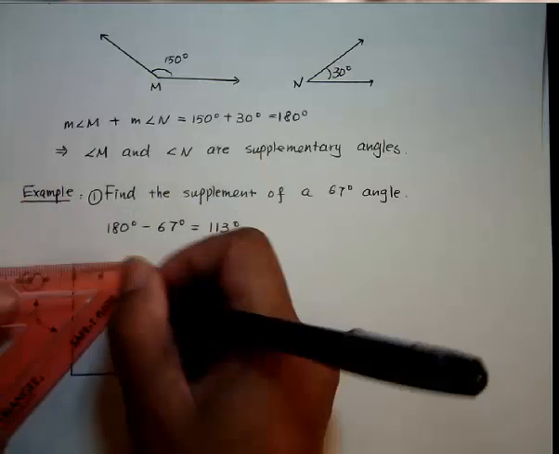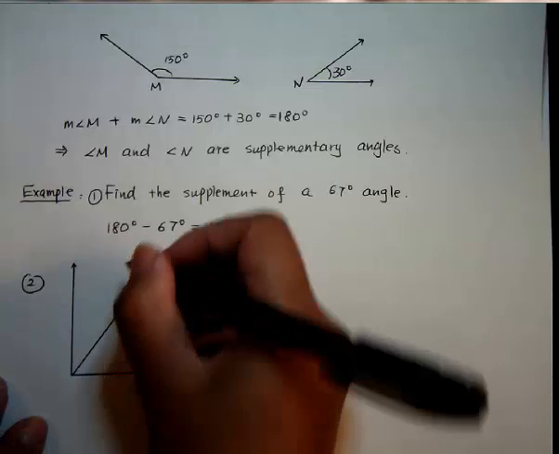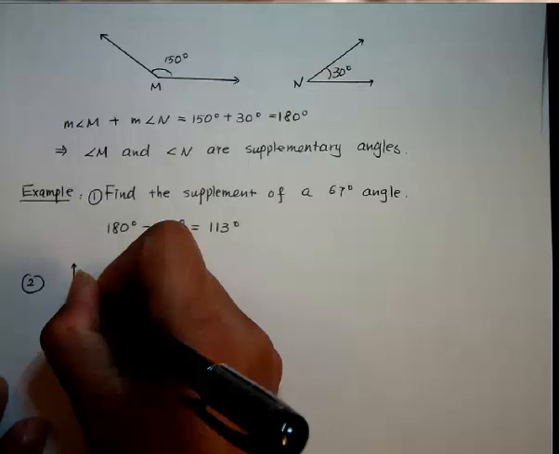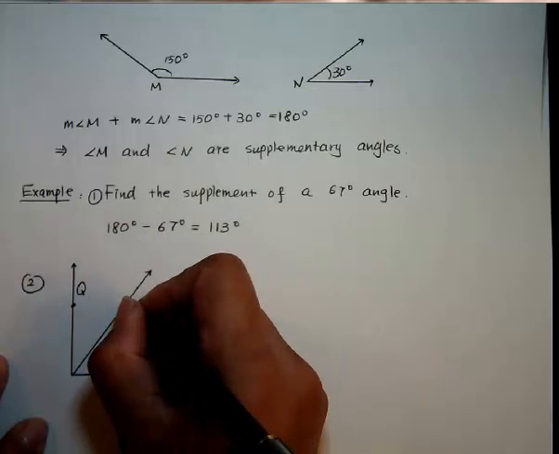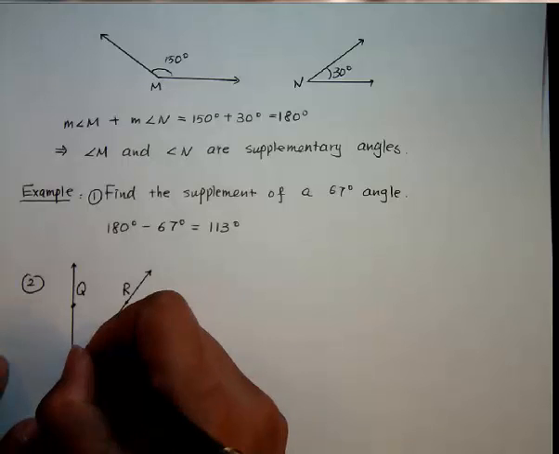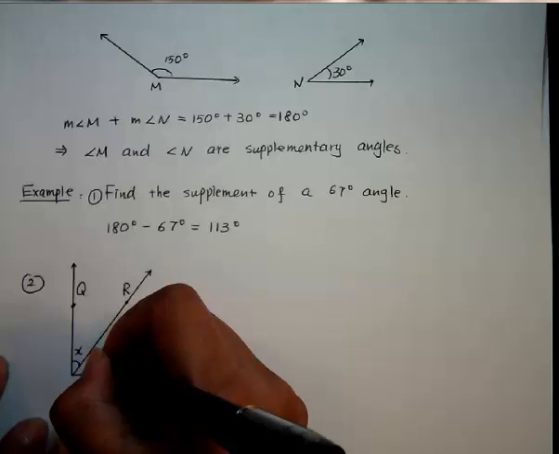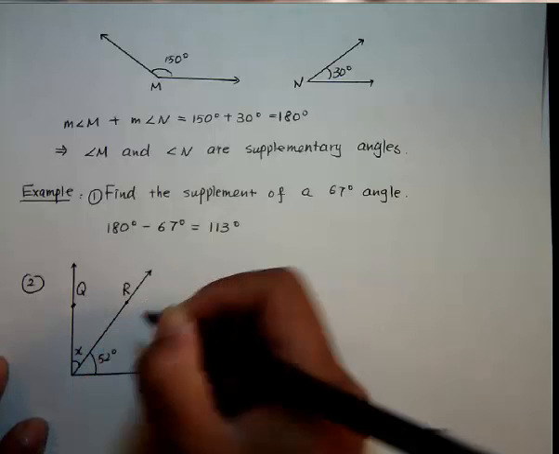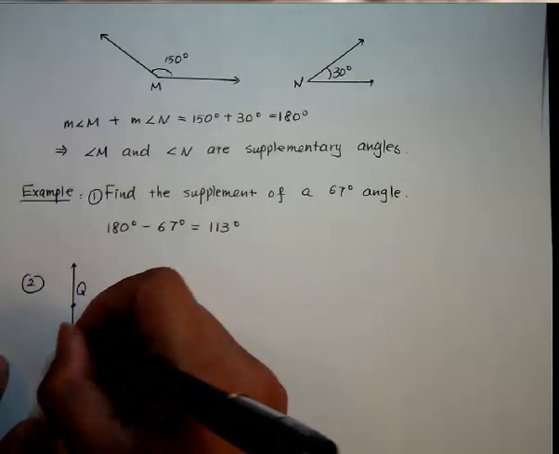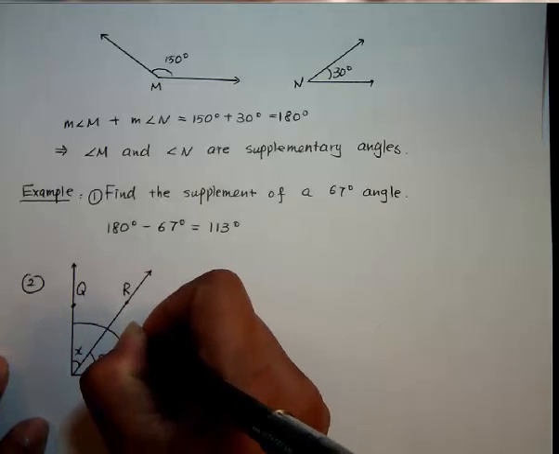And we have different angles in here. This is X, we don't know this one. From here to here is 50 degrees. And this looks like a right angle, but it's not. And from here to here is 87 degrees.